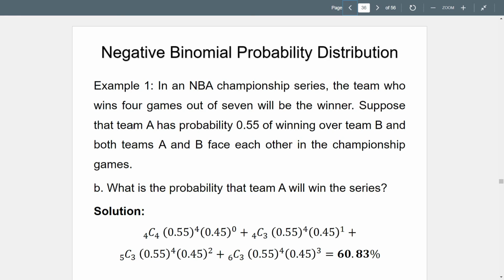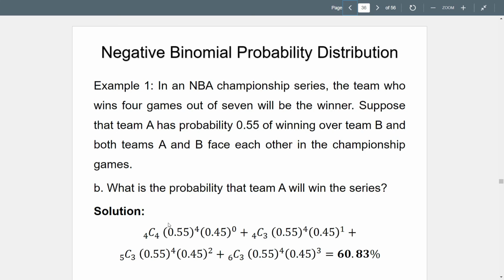Because we want team A to win the 4th game before team B, we must have a limitation: X is less than or equal to R, and X is greater than or equal to 7. Using that limitation, we get a probability.